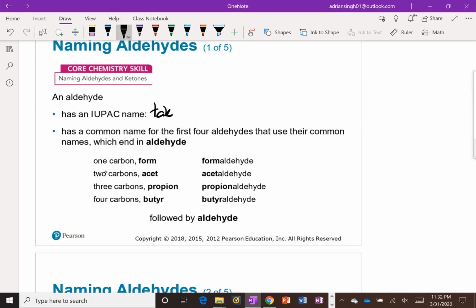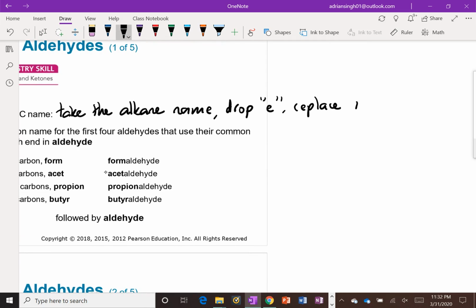So we're going to take the alkane name, drop the E, and replace it with AL. All right, so it may not seem like a big deal, but we saw when alcohols were named, the ending was OL. With an aldehyde, the ending is AL.